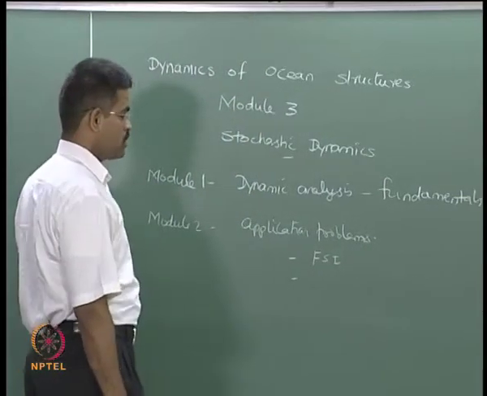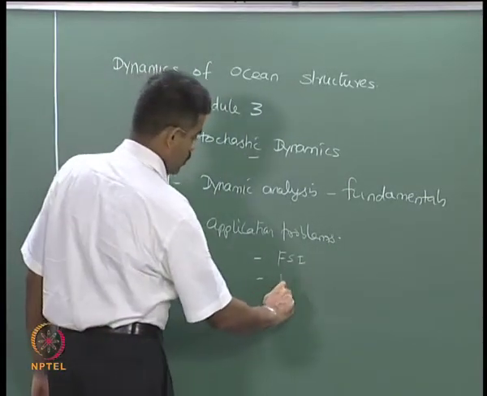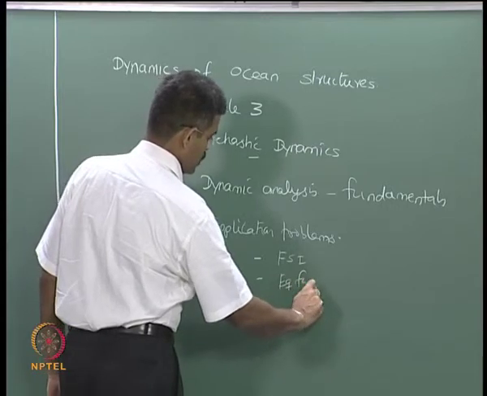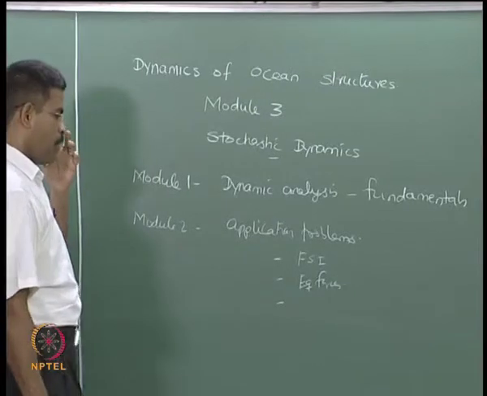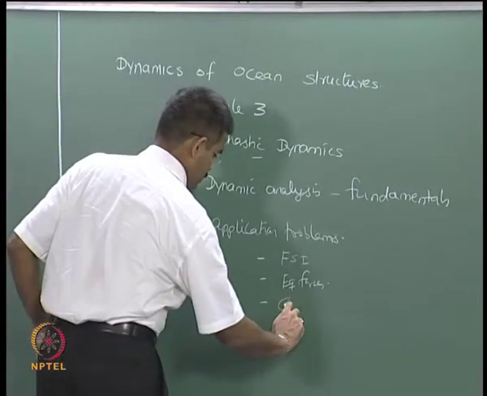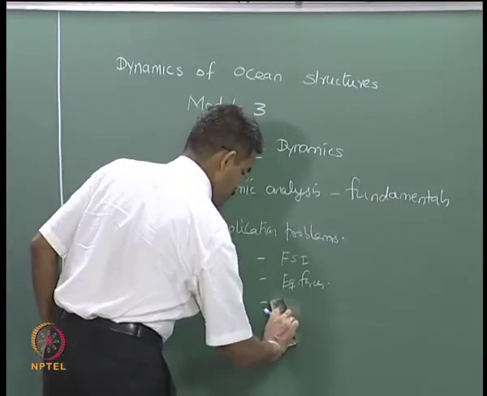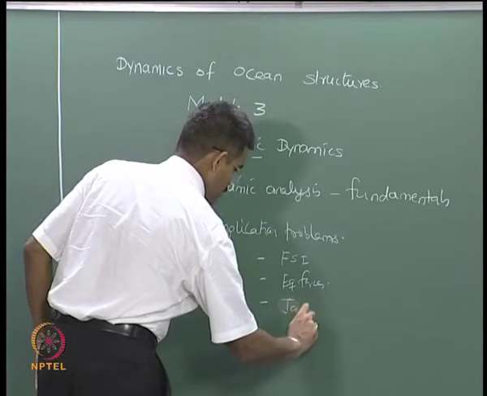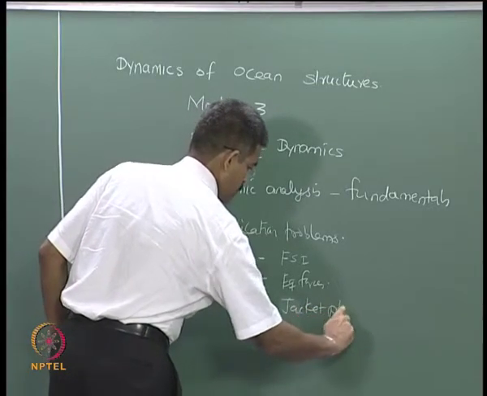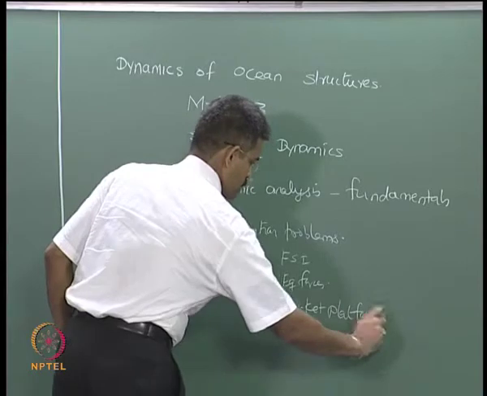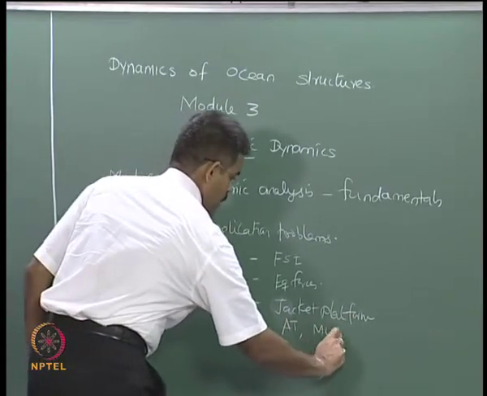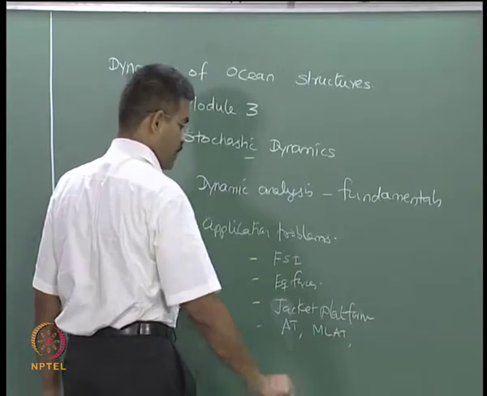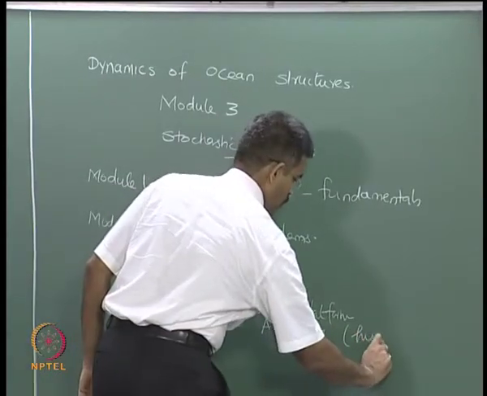We have also studied how one can include earthquake forces in the analysis, and we picked up example problems from jacket structures, fixed jacket platforms, articulated towers, multi-leg articulated towers, and the advantages of a new geometric form by providing a hinge.